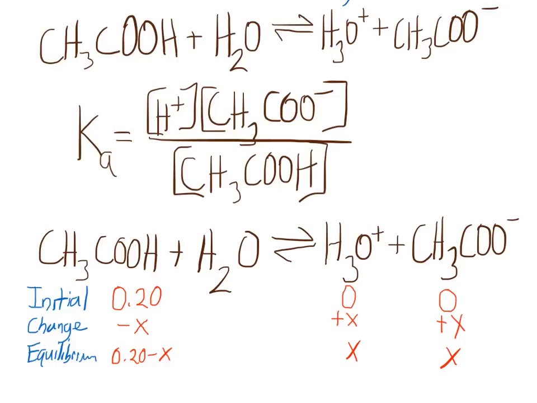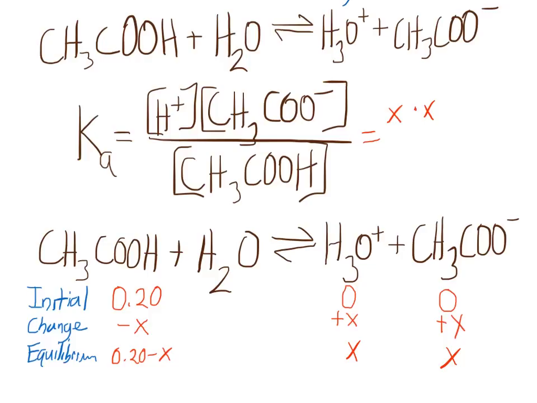Okay, so we haven't figured out too much yet. But when we go to the equilibrium constant, Ka equals the concentration of the H plus, or the hydrogen ion, at equilibrium, which we know is x. So I'm just going to replace that with x. And the concentration of the conjugate base at equilibrium is also x, so x times x.